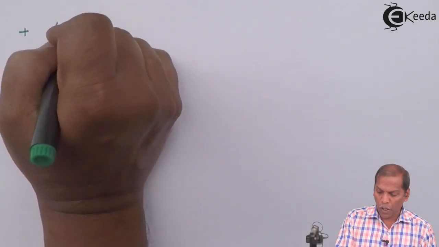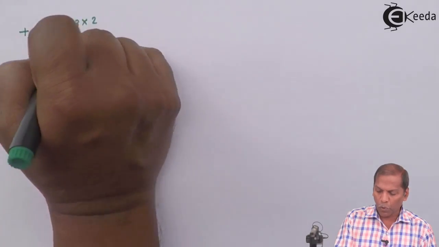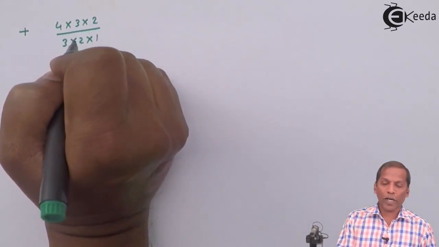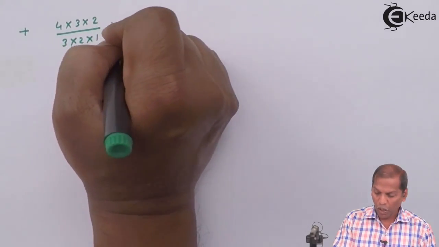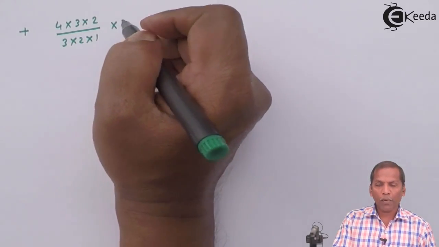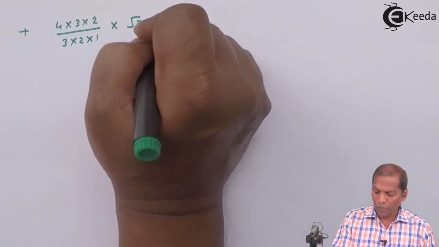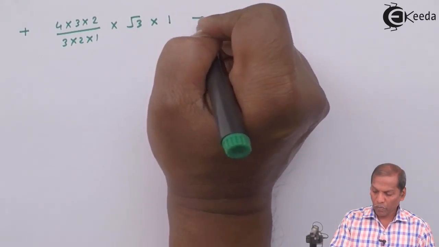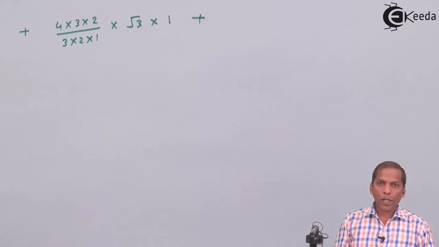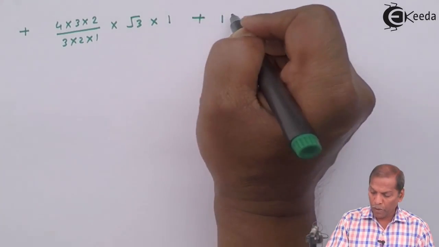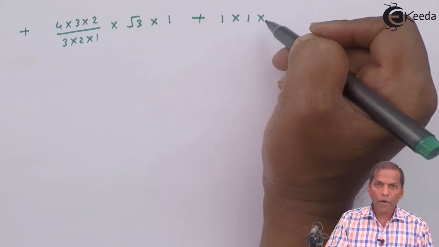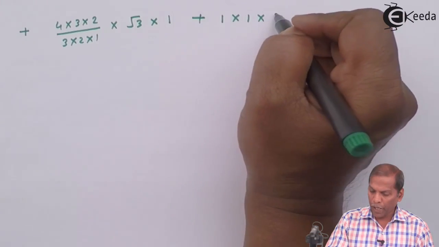Plus now 4c3 means 4 into 3 into 2 upon 3 into 2 into 1 into, now root 3 raise 1 gives root 3 into 1 raise cube gives 1. Finally plus 4c4 means 1, root 3 raise 0 we get 1, and 1 raise 4 power we get 1.